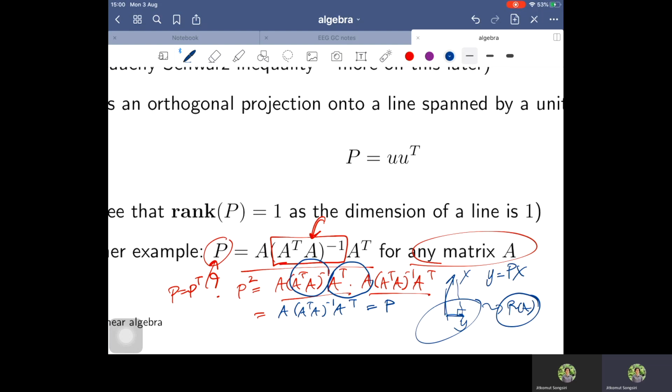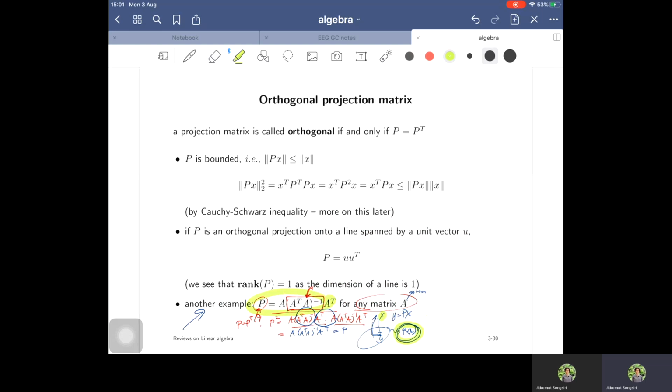Depending on the size of A, suppose A is m by n, the range of A is going to be a subspace of Rm. So this orthogonal projection gives you the vector in the range of A that is closest to x. This will be discussed again when we talk about the linear regression problem. I just put the example here to see how it looks.